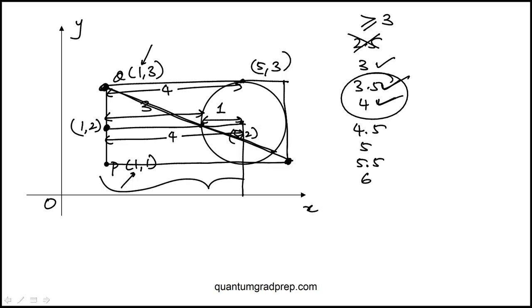So that point here is going to be (6, 2). So that distance is 5 units. And this is the height, or the length between P and Q. That's 2 units.